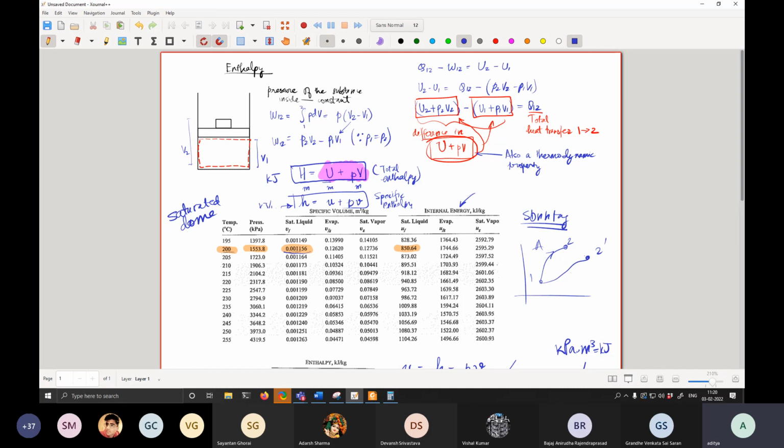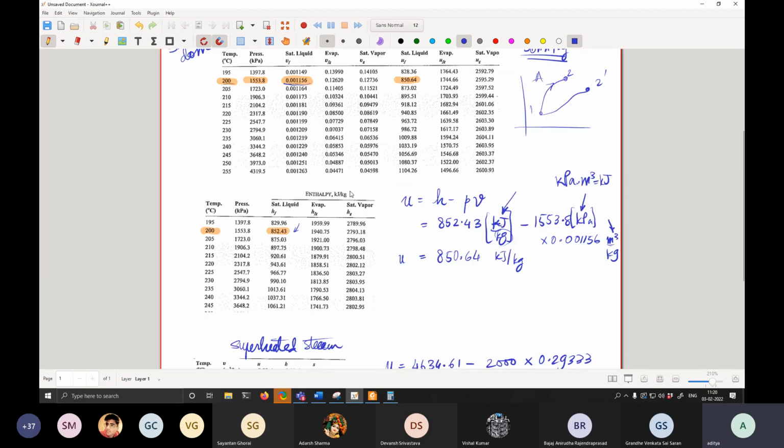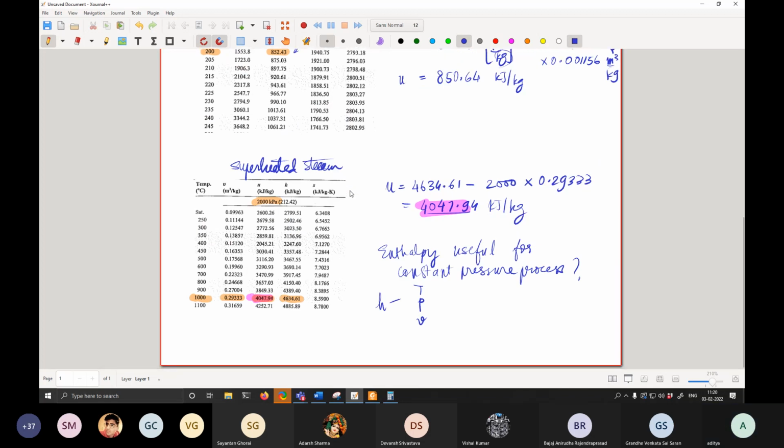So 2 and 2 prime would not coincide, but here, because it coincides, we can say that U plus PV, this combination, is independent of path, and correspondingly it can be used as another independent property to pinpoint the state of a substance. And hence it has been tabulated in the steam tables. Otherwise it would be pointless if it were to be dependent on something else.